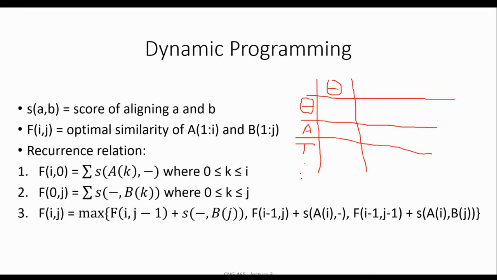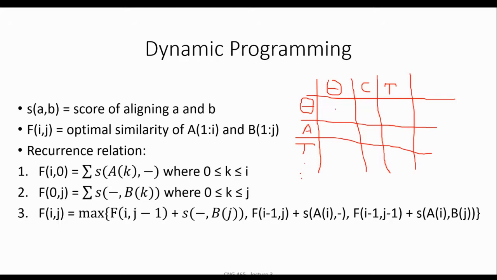Here also, I may have another sequence B. For example, I have C, I have T, and so on. So for the first item that I have here as recurrence relation, I have Fi0.